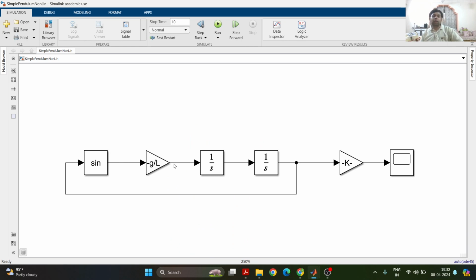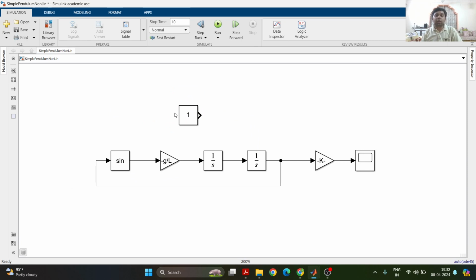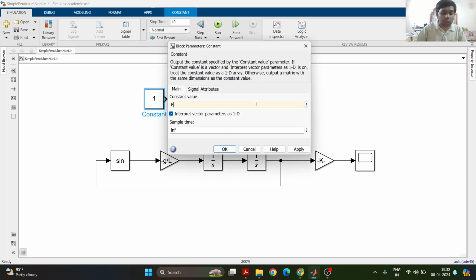So now here this is our acceleration, so there will be additional terms which will come in. Here we are considering a constant force.